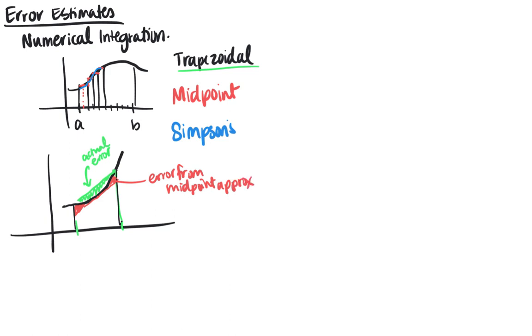If this is concave up, then the midpoint is actually going to give us an underestimate.